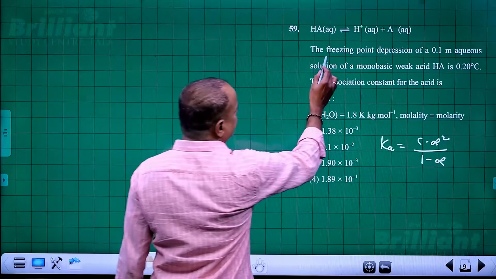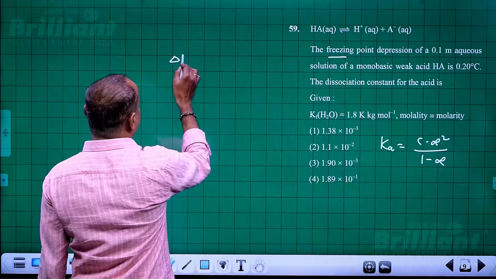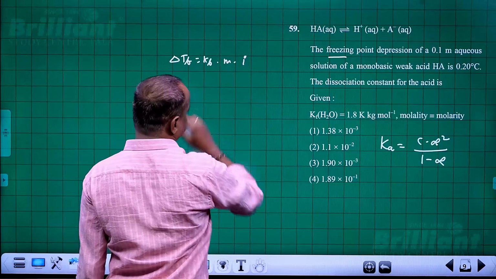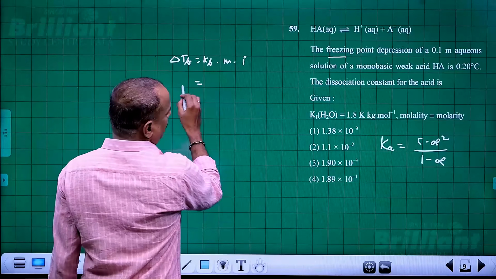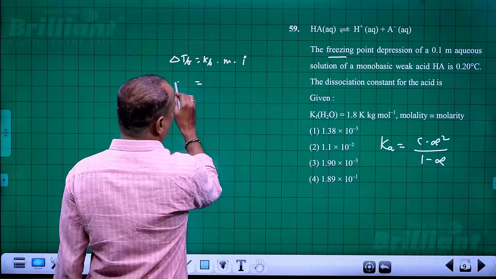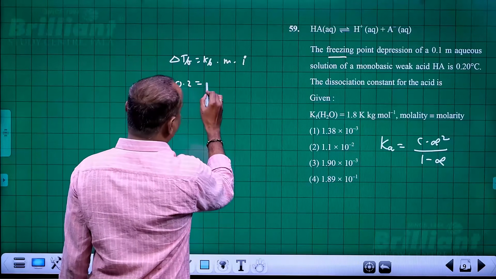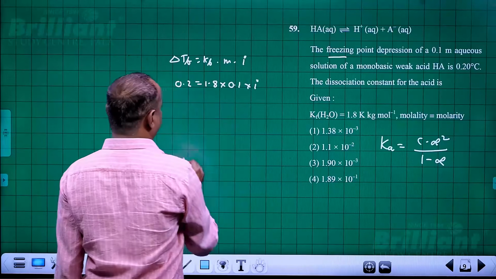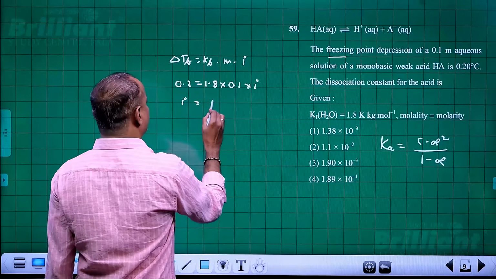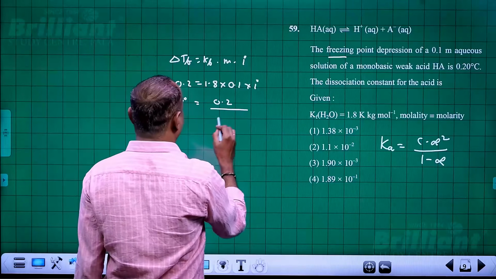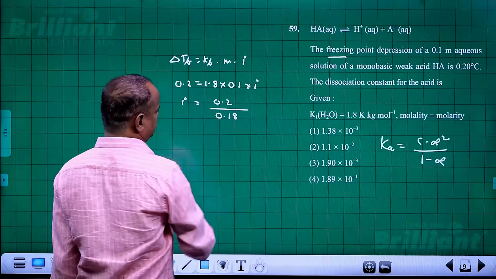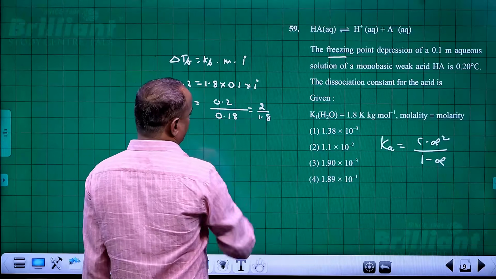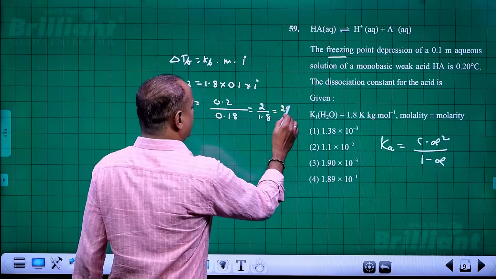Freezing point depression delta Tf is equal to Kf into molality into i. 0.2 equals 1.8 times 0.1 times i. So i is equal to 0.2 by 0.18, which is 2 by 1.8, or 20 by 18.